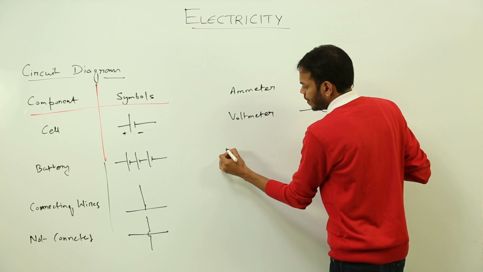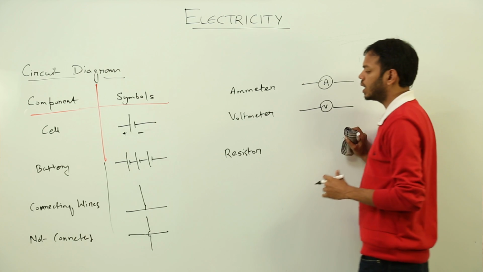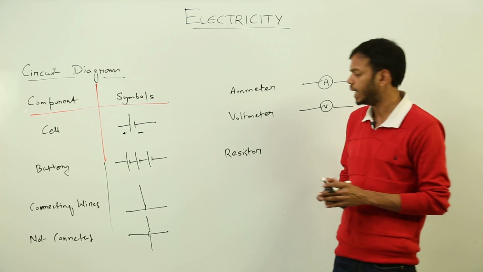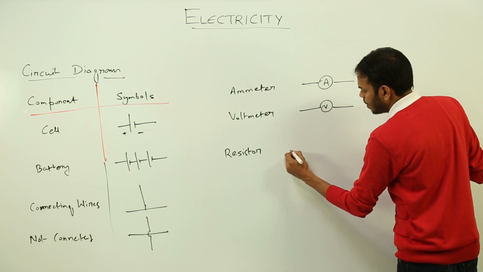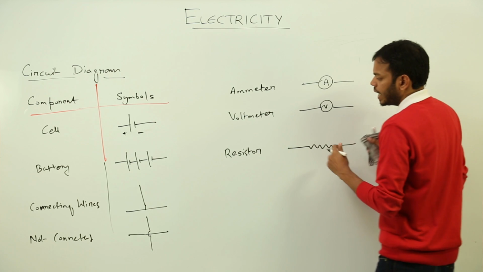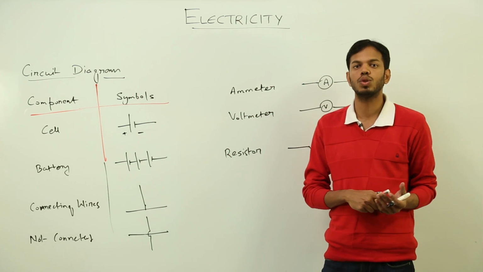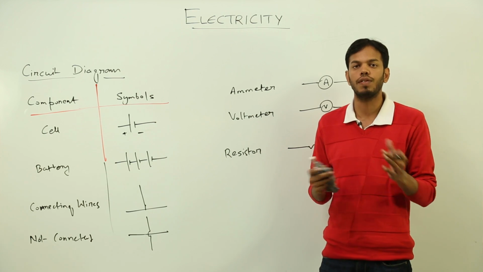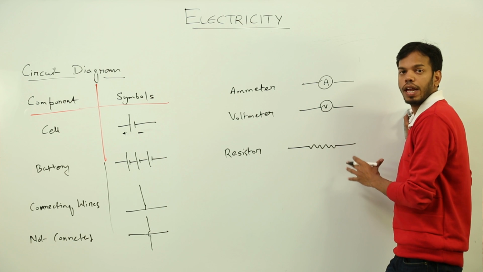Then we have the resistor. Now this is the topic for the discussion of the day, what is resistance. Before I move on to that topic, the symbol of a resistor is this. And a variable resistor is always used in a circuit because we have to change the value of current. That is why we can't depend on a fixed value resistor.